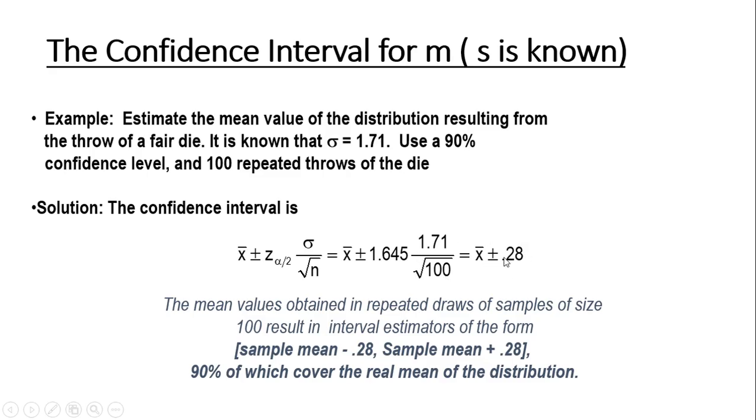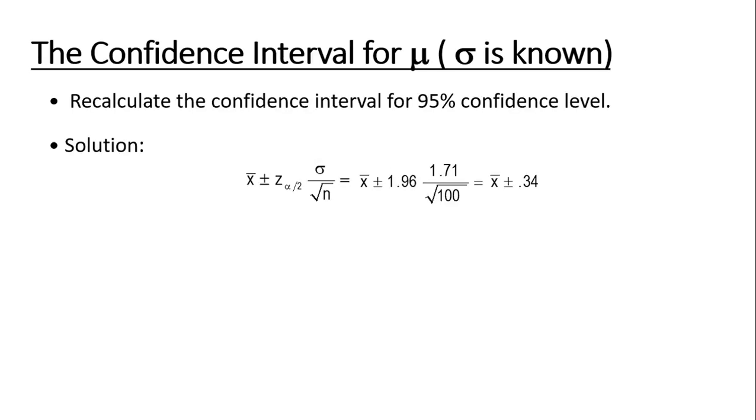So the lower bound is the sample mean minus 0.28, and the upper bound will be the sample mean plus 0.28. So whatever you have as your sample mean, you have this to give you a value.